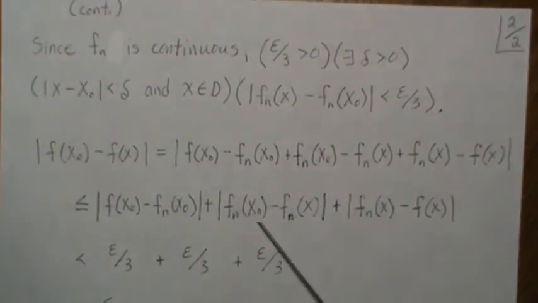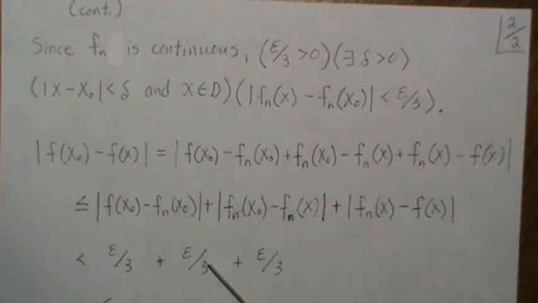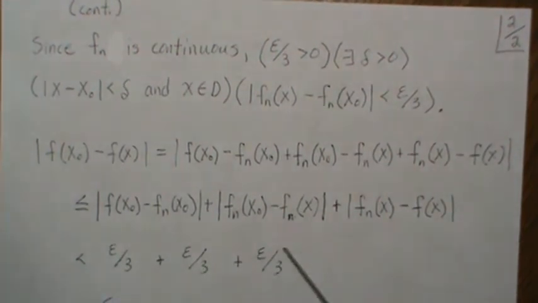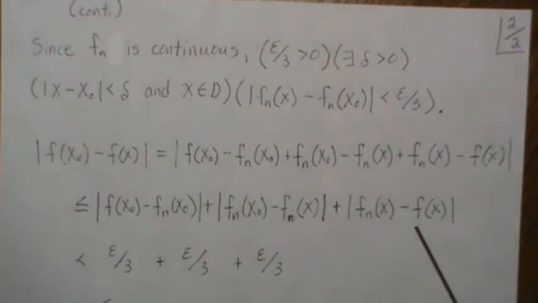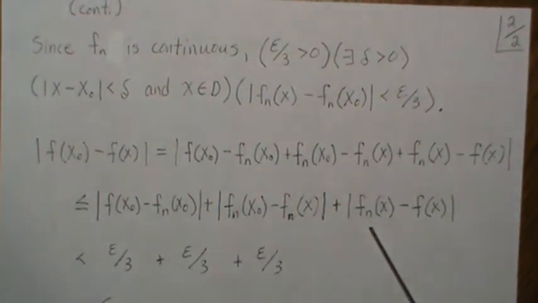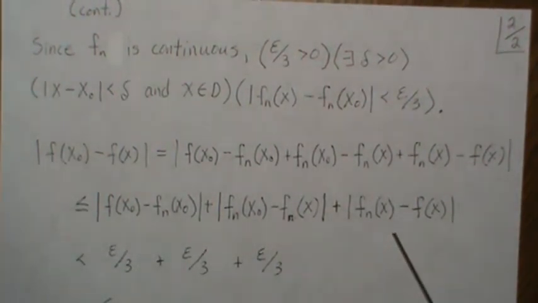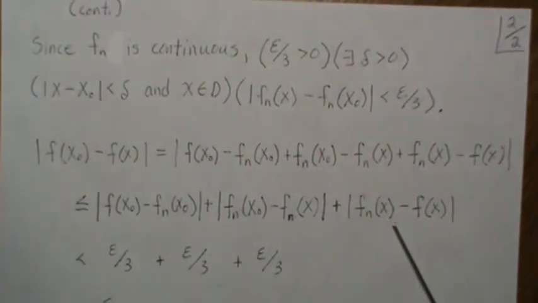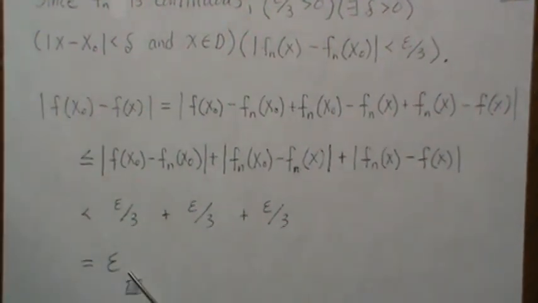So that means this gets really small, say less than epsilon over 3. And f is the uniform limit of f of n, and this is for all x in D, since x naught is in D and all x are in that set. So this gets really small, say less than epsilon over 3. Well, this is equal to epsilon.